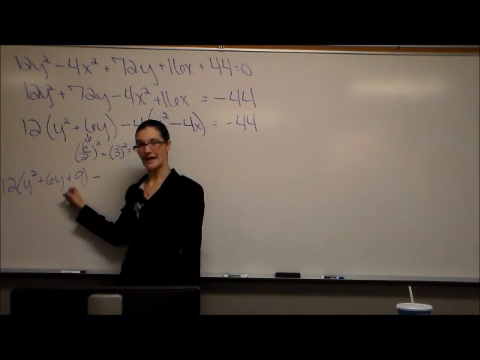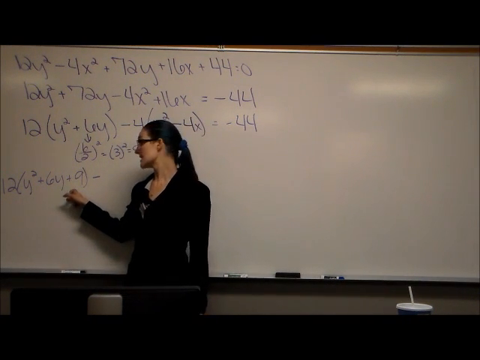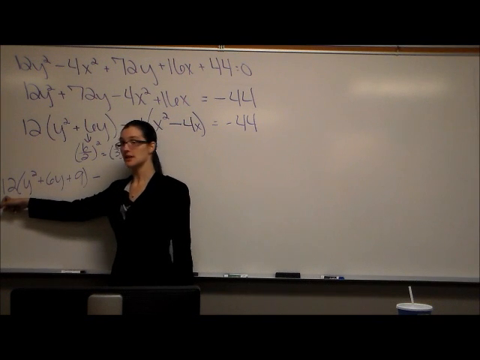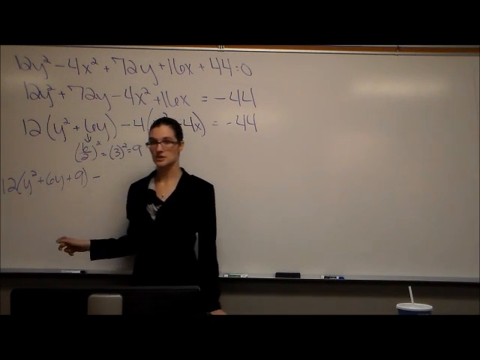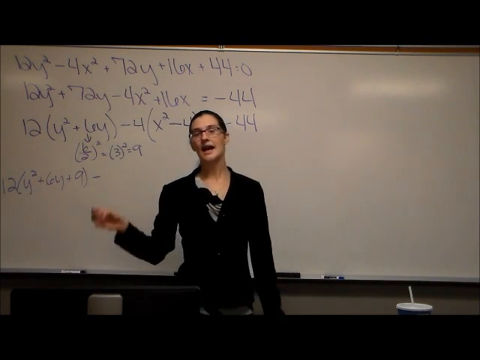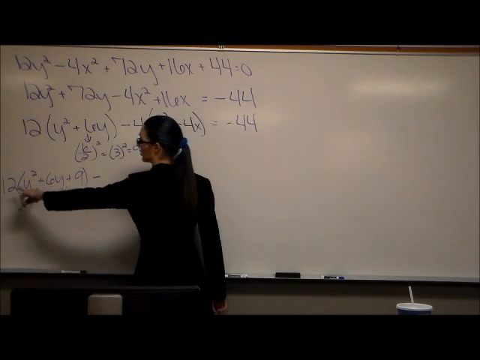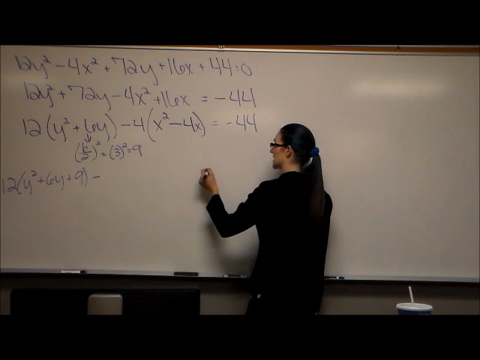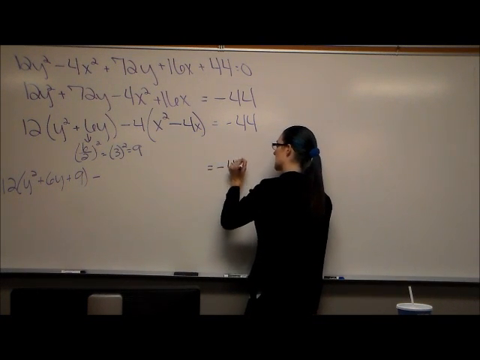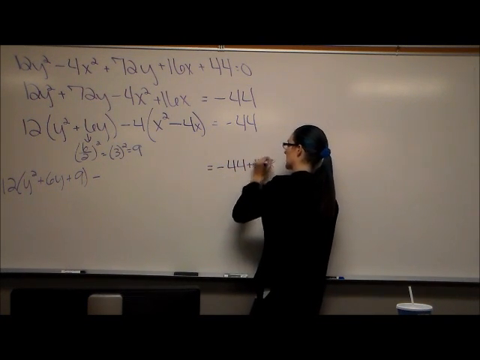However, we're not adding just 9. Since 9's inside the parentheses, you're doing 9 times 12, because 12 will get distributed. So you've got to add 108 to both sides. You've got your 9 here, your 12, that makes it 108. When you do your other side, plus 108.